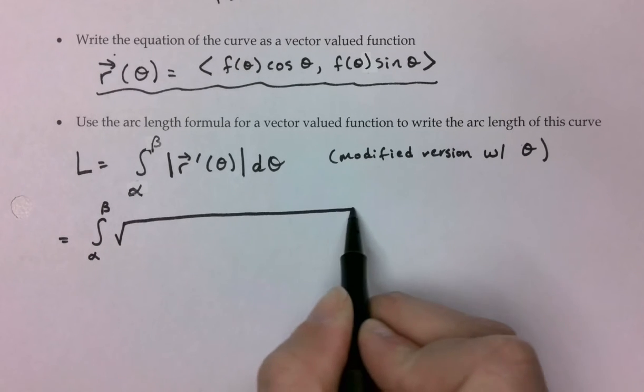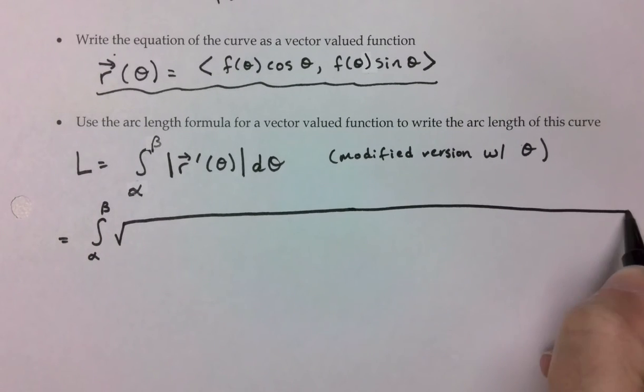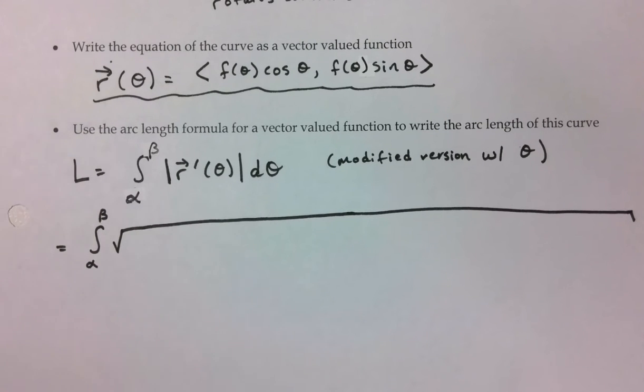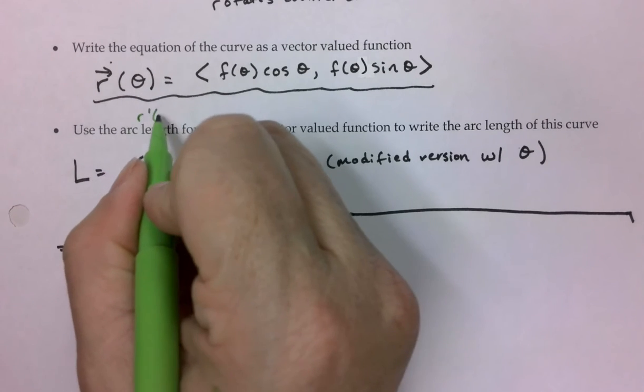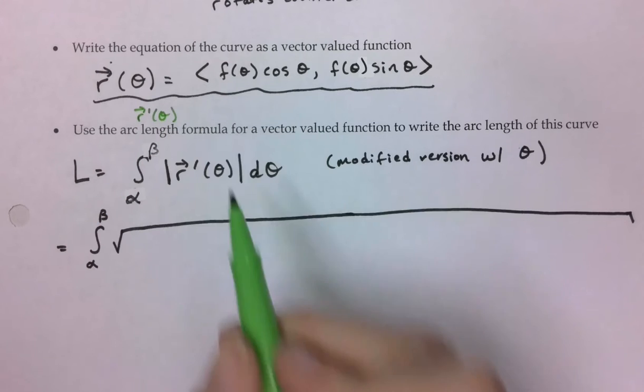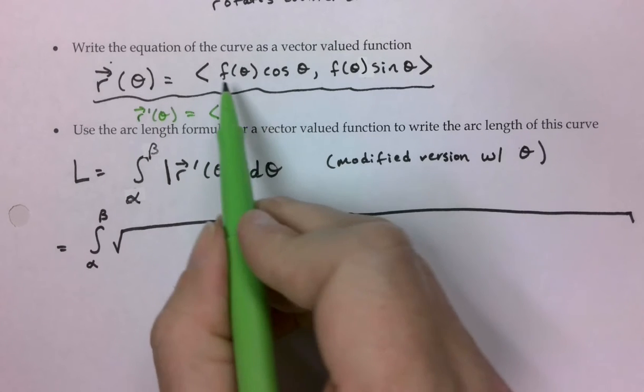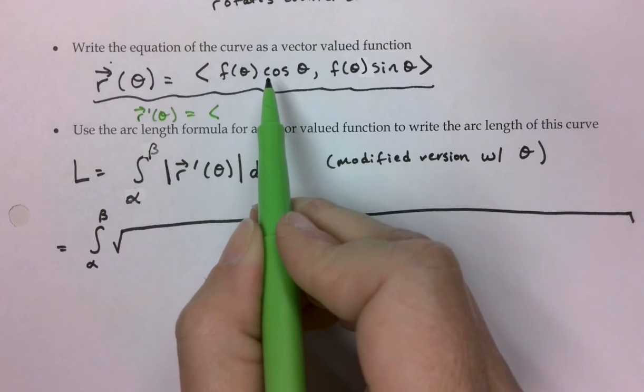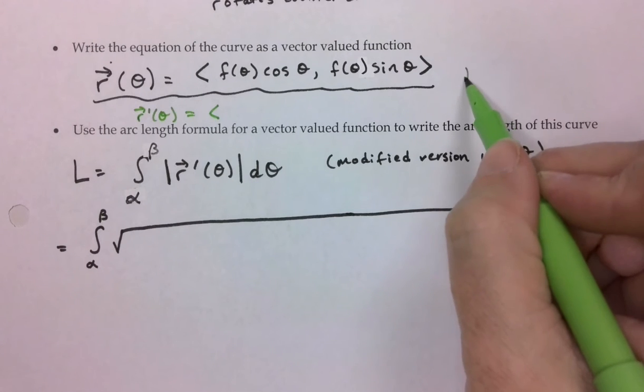giant square root. It's going to be really big. Because the derivative of this, let me go find that real quick. R prime of theta would be equal to, you're going to need the product rule to do this, right? Hello, product rule.